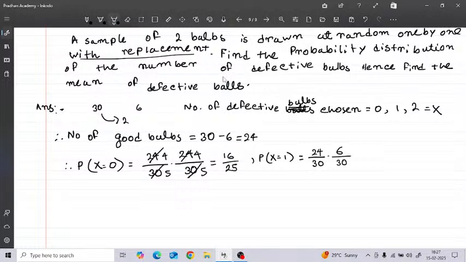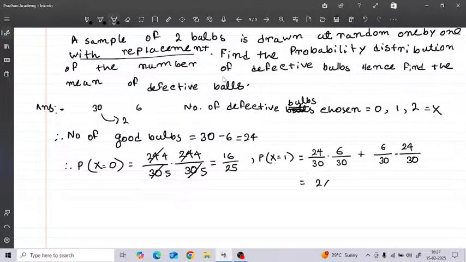Or, in probability and set theory, the or means the union, and in probability the or cases are denoted by the summation sign. Or in my first draw I have chosen a defective bulb. What is the probability of that? 6 by 30 into, in my second draw if I choose a good bulb, its probability is 24 by 30.